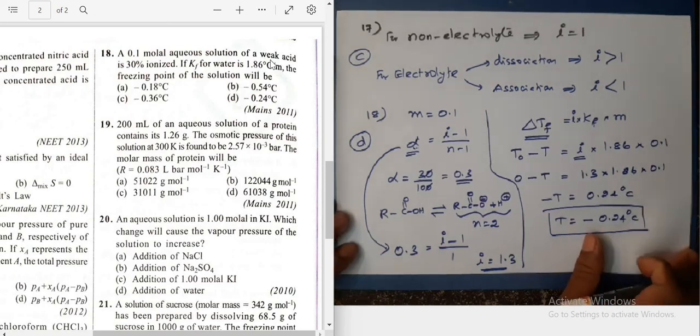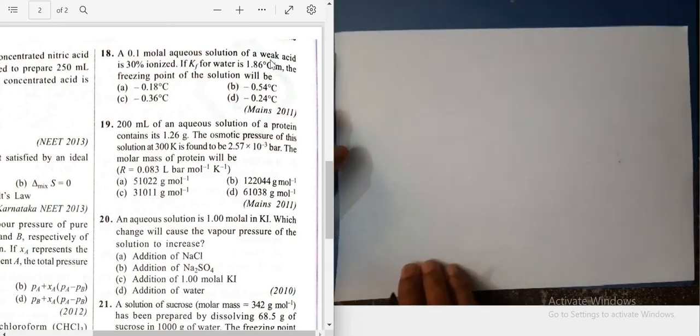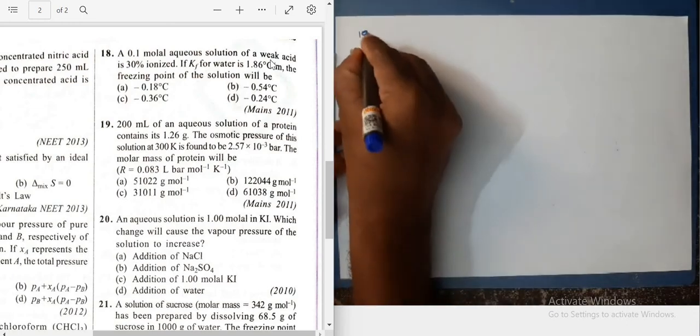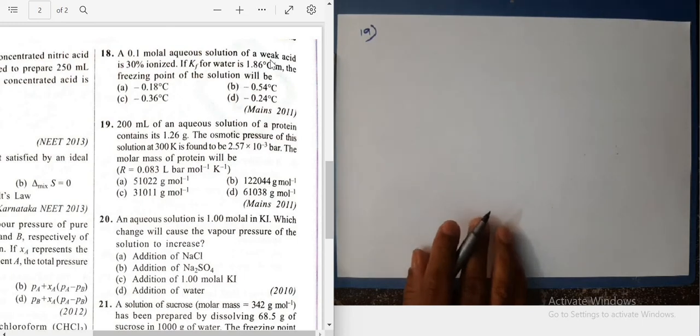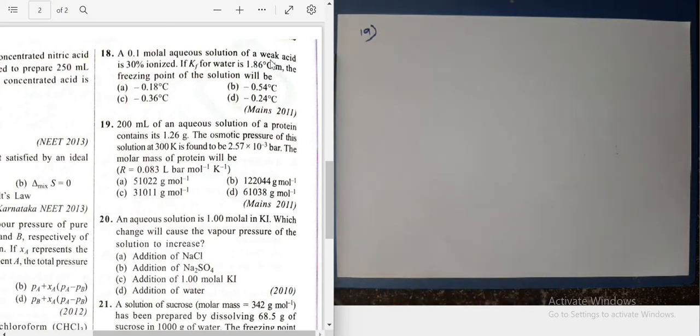Now let me go to the next question. Question number 19. 200 ml of an aqueous solution of protein contains 1.26 gram. The osmotic pressure of this solution at 300 Kelvin is found to be 2.57 into 10 power minus 3 bar.